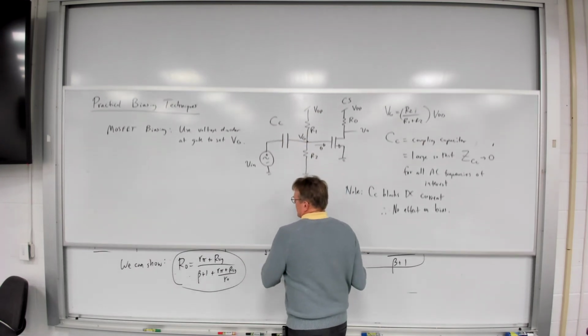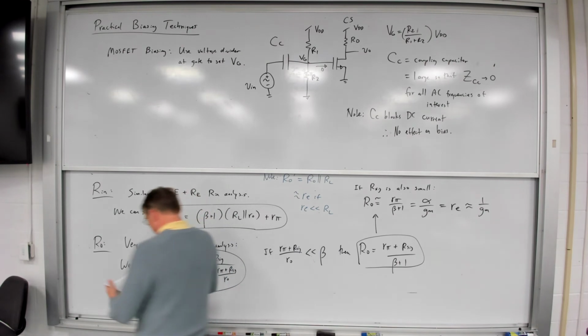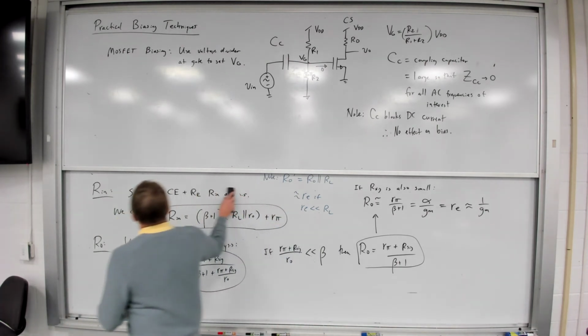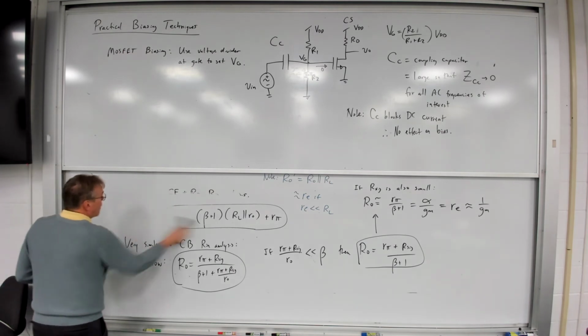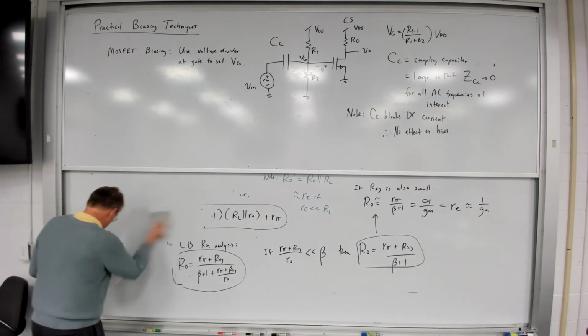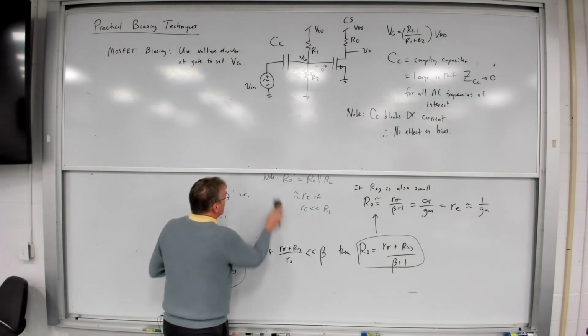And as always, the key to understanding is do the math. So in this case, let's take that circuit and let's plug in some values. Let's plug in some numbers.